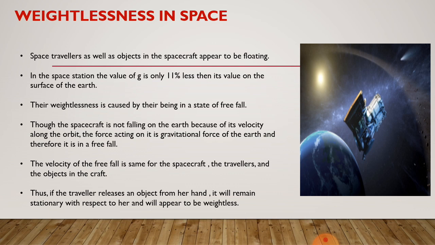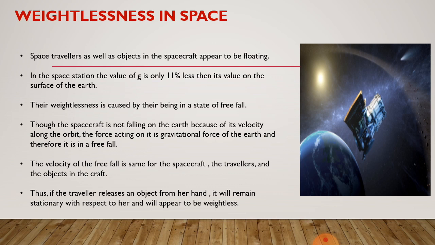In the space station, the value of g is only 11% less than its value on the surface of the earth. Their weightlessness is caused by being in a state of free fall. The object is in free fall, and that's why we observe its weightlessness.